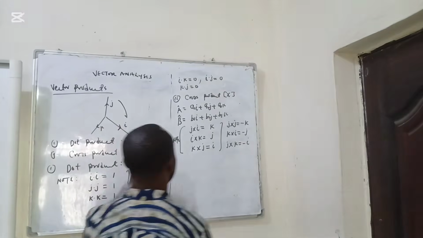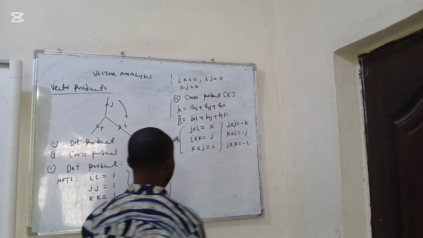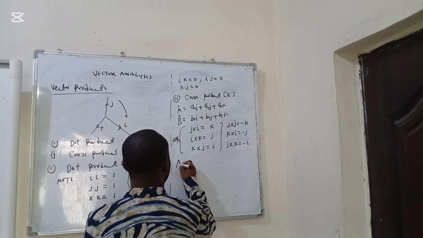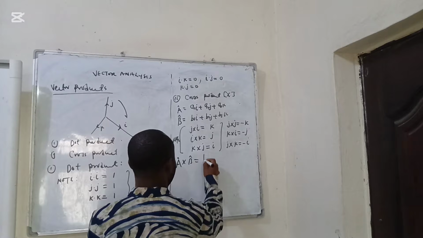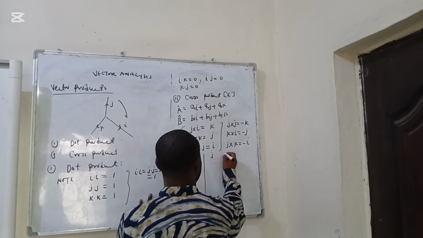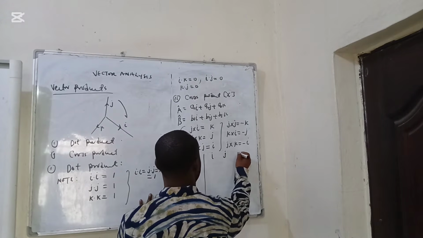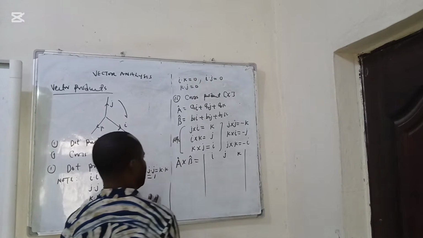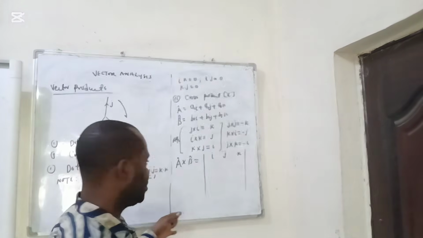So given this vector and this, we can actually have that this vector cross this is given as the determinant of, and you put the coordinates, this is i, this is j, and this is k. So you are very careful of which comes first.